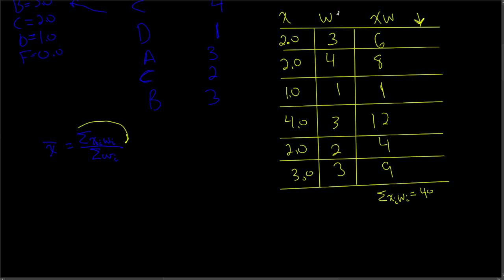So that means we sum down this column. So 7, 8, 11, 13, 16. So the sum of the weights is 16. And so this equals 40 divided by 16.